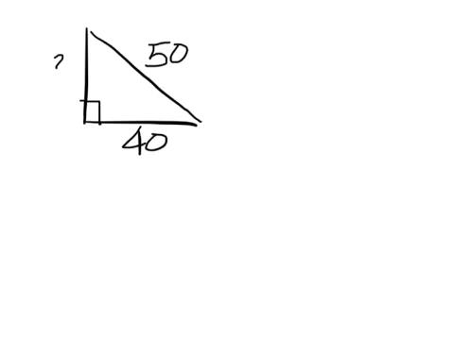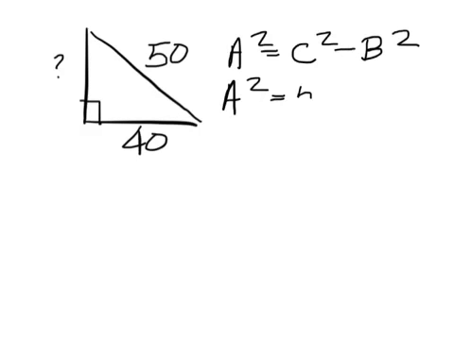A practice problem. We know the hypotenuse to be 50, and we know one of the legs to be 40. Find the missing leg. You're missing a leg, so you should be doing this. It's going to be a squared equals c squared minus b squared.